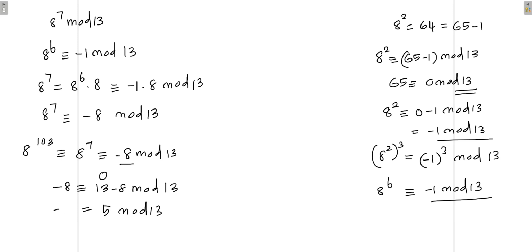So minus 8 is congruent to 5 mod 13. So 5 is the remainder.